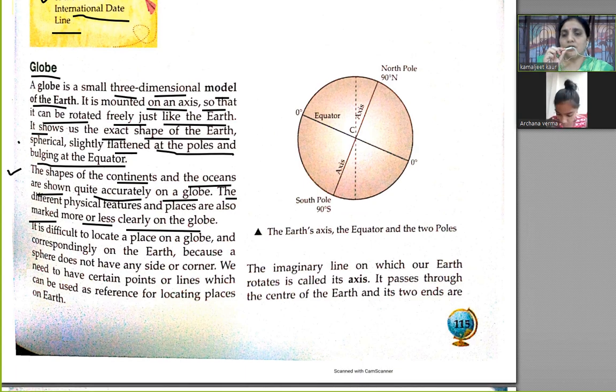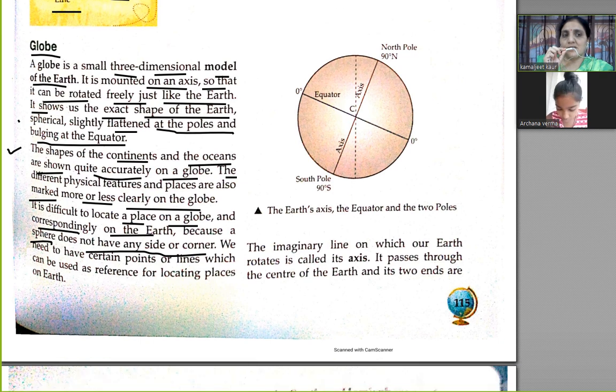It is difficult to locate a place on a globe and correspondingly on the earth because the sphere does not have any side or corner. It is clear that a sphere does not have any side or corner, it is uniform.